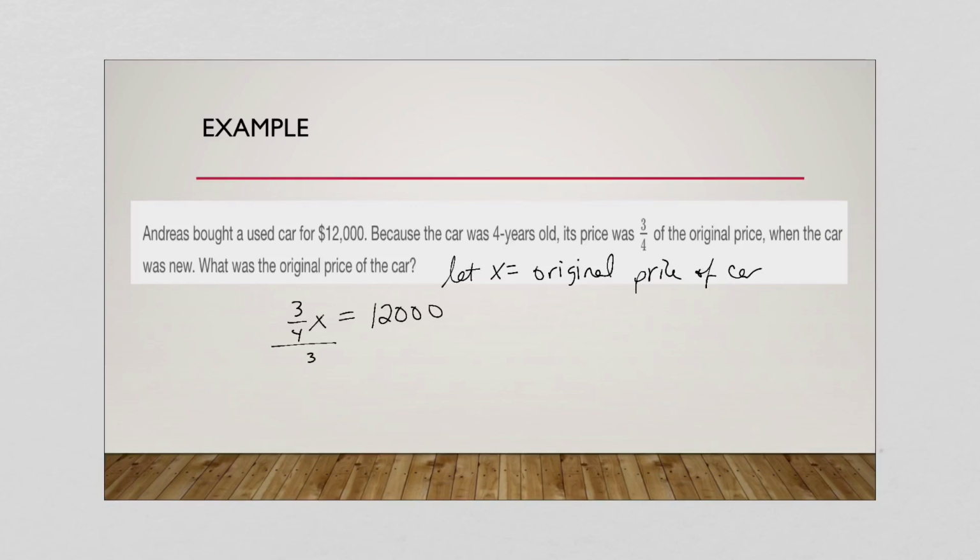So I'm going to divide both sides by 3/4. And on my calculator, I'm typing in 12000 divided by 3 fraction 4, and I get X is equal to 16,000. 16,000 what? $16,000 was the original price of the car.